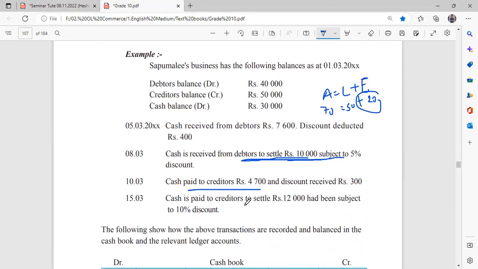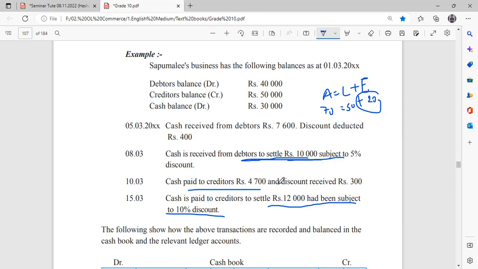Cash is paid to the creditor to settle 12,000 that had been subject to 10% discount. So we haven't paid the 12,000. We paid after deducting 10% from this 12,000, which means 1,200. After deducting 1,200 from 12,000, it is 10,800.